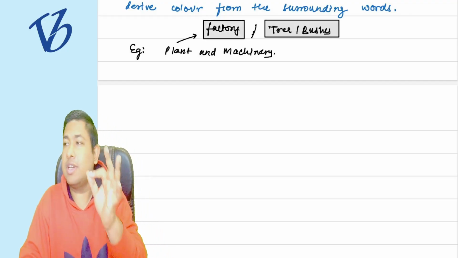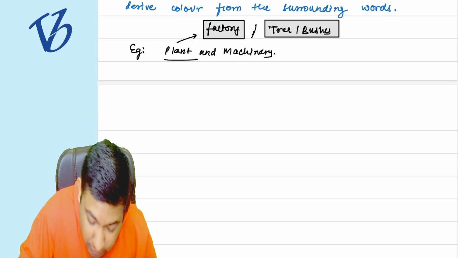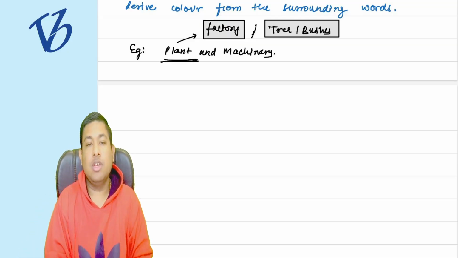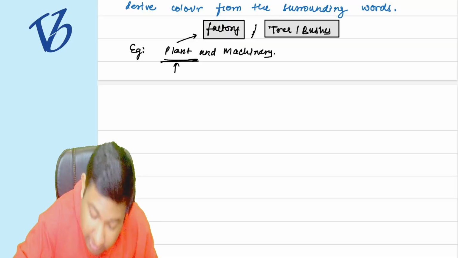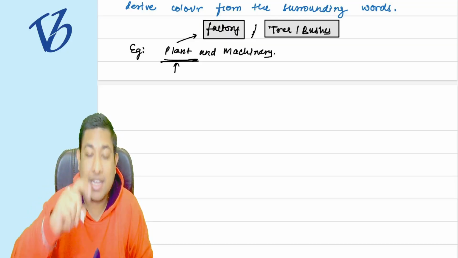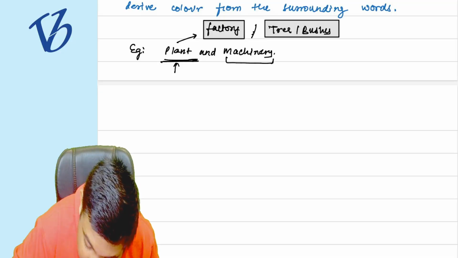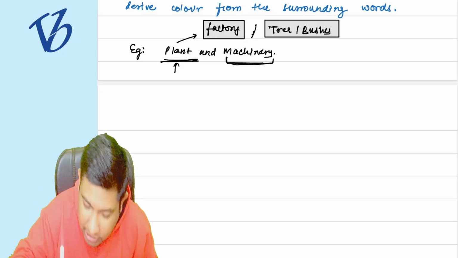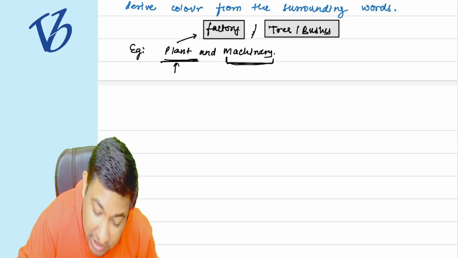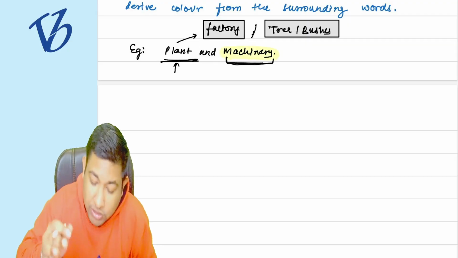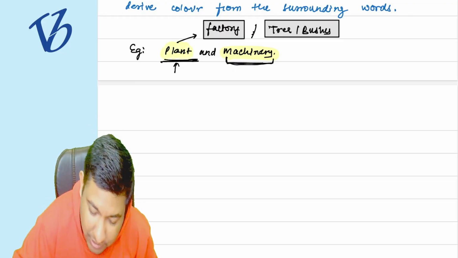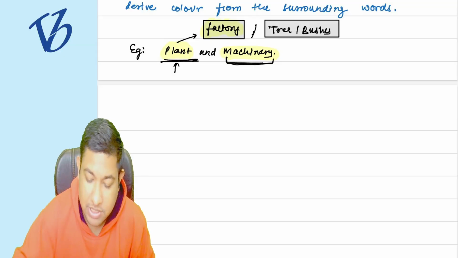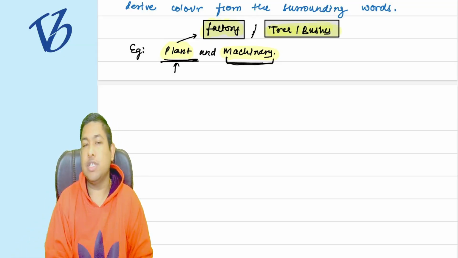So what kind of plant is this word talking about? The word plant will take color from the word machinery, which is associated with it, because machinery is used for factory purposes. So here plant will also mean factory purposes, not trees or bushes.